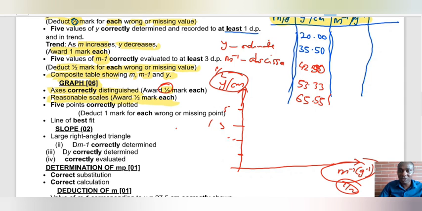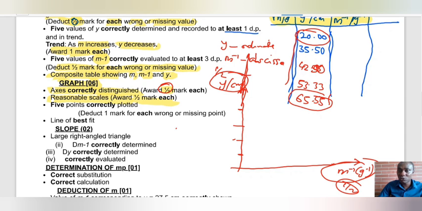What you do is this: you check your scale, check the values, and find out how it can occupy the values on that given axis, whether it is the Y axis or the X axis. So if I want to write a scale for this, I know that my least value is 20 and the highest is 65. So on your graph, you have a lot of space to be used.